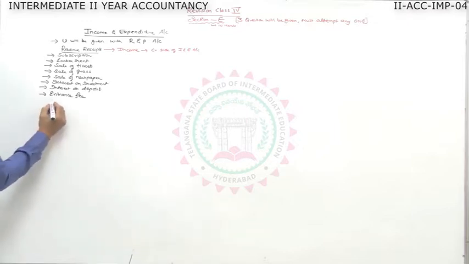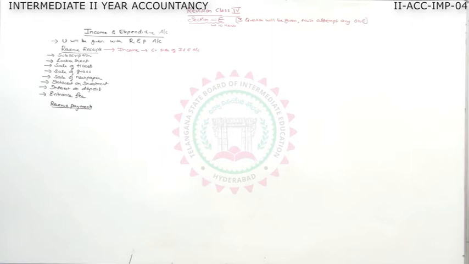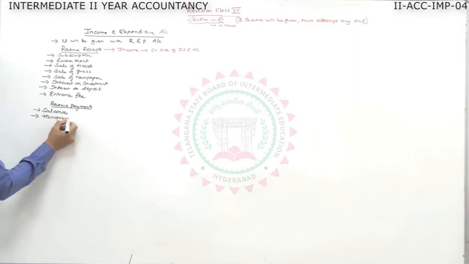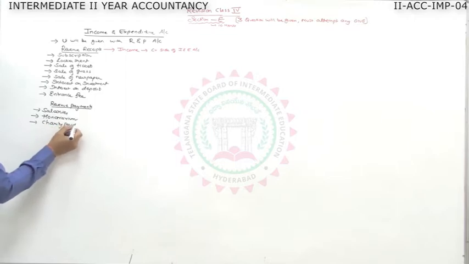So, what are the frequent revenue payments which we'll consider? It will be salaries. Then you will be given honorarium. Then sometimes they will say charity paid.